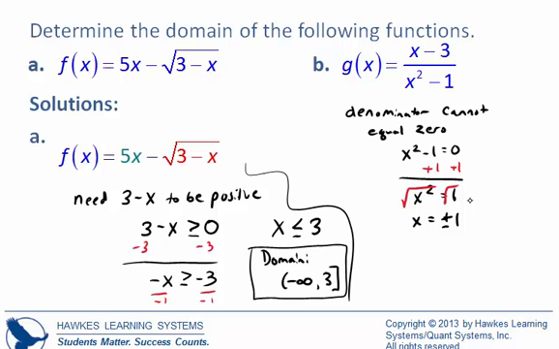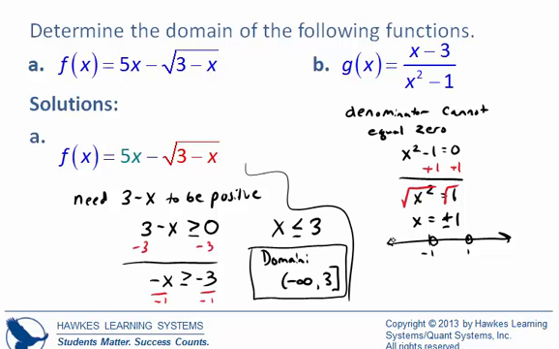So our domain is going to essentially be everything but positive or negative 1. Let's think about what that's going to look like in interval notation. It may help you to think about a number line real quick. We're going to exclude the 1 and the negative 1, but everything else is going to be okay.